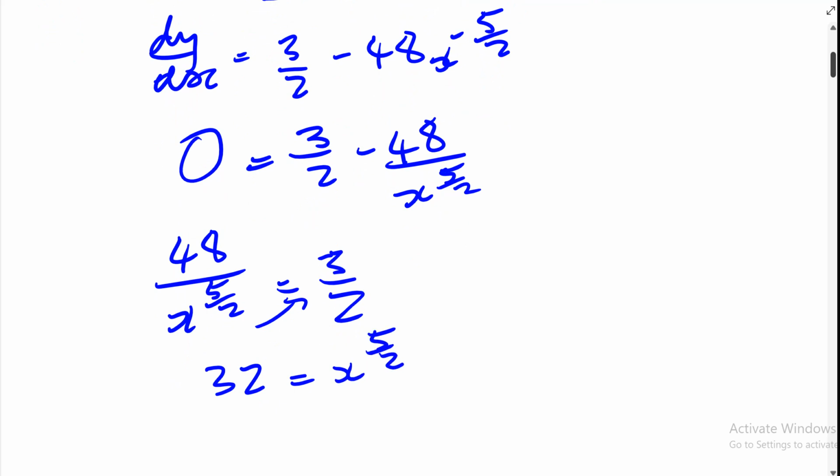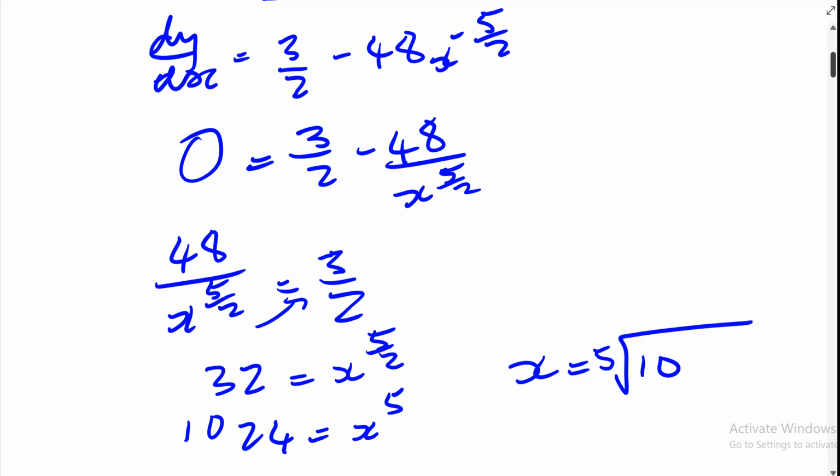Then we can square both sides, so that'll give us 1024 equals x^5. And so x will equal the 5th root of that, which is going to be 4.